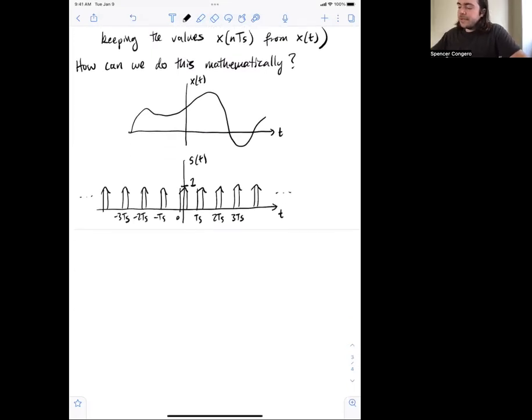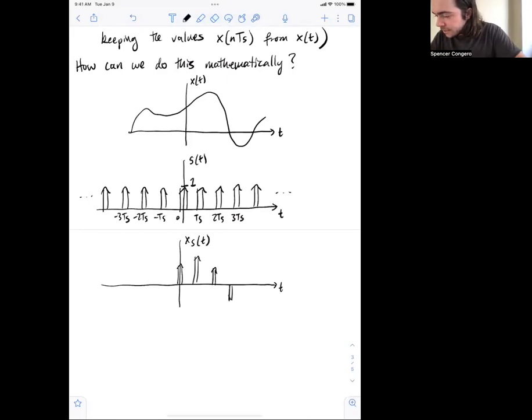And now what do we want to obtain? Well, it's going to be the picture that I drew before. Let me actually draw this bar a little higher. What we want to get in the end is a sampled signal, which I'll represent as x sub s of t, the sampled version of x, which we want to be these delta functions that are now scaled by the values.